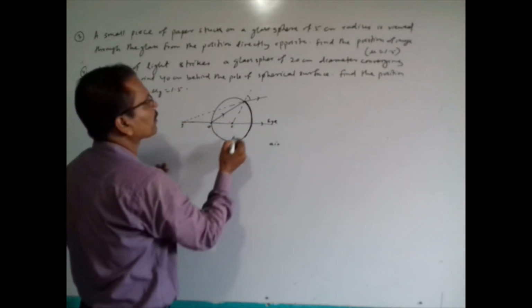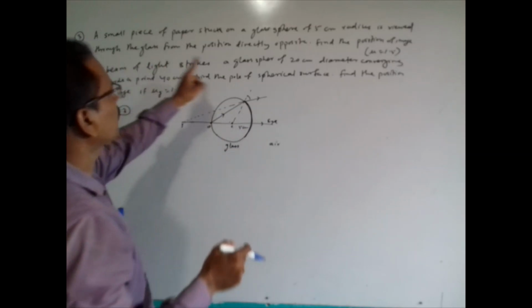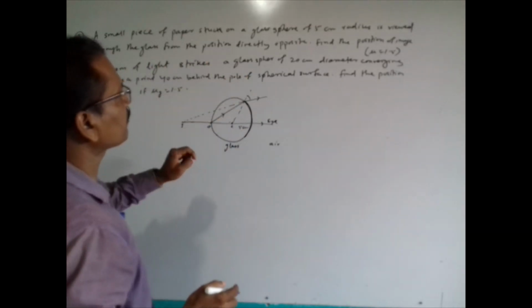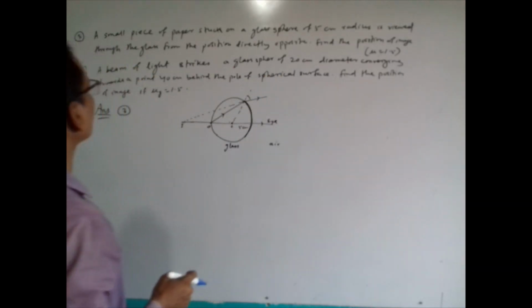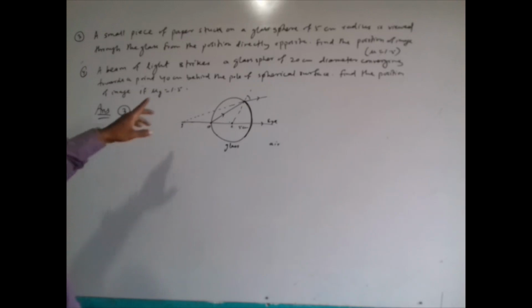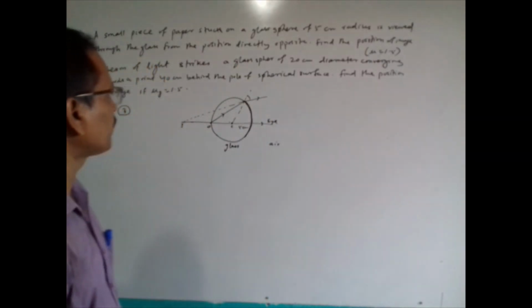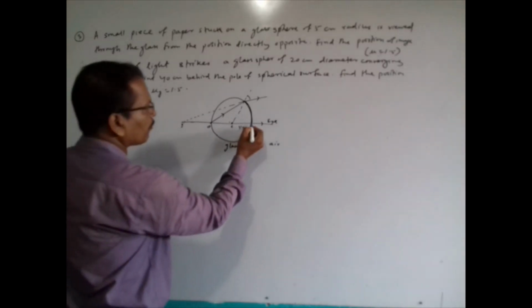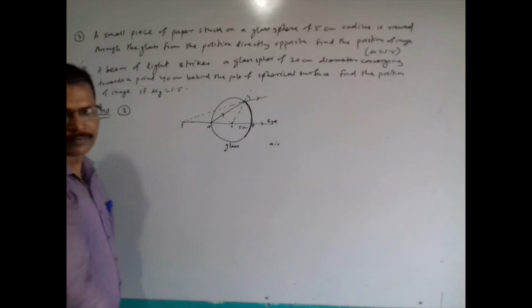A glass sphere of 5 cm radius is viewed from the position directly opposite to this. Viewed through the glass sphere from that position, find the position of the image. This is the pole. What is the object distance?